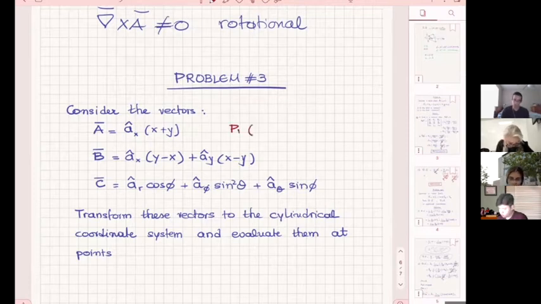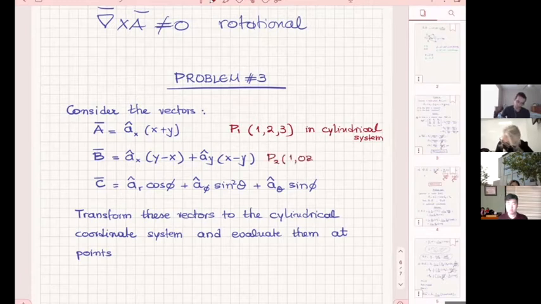P1, 1, 2, 3. And then P2, 1, 0, 2. Oops.